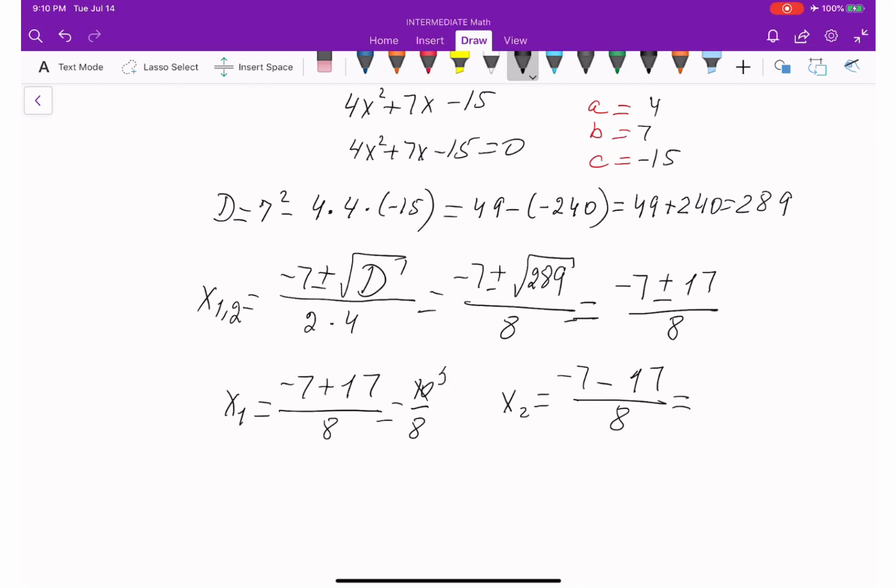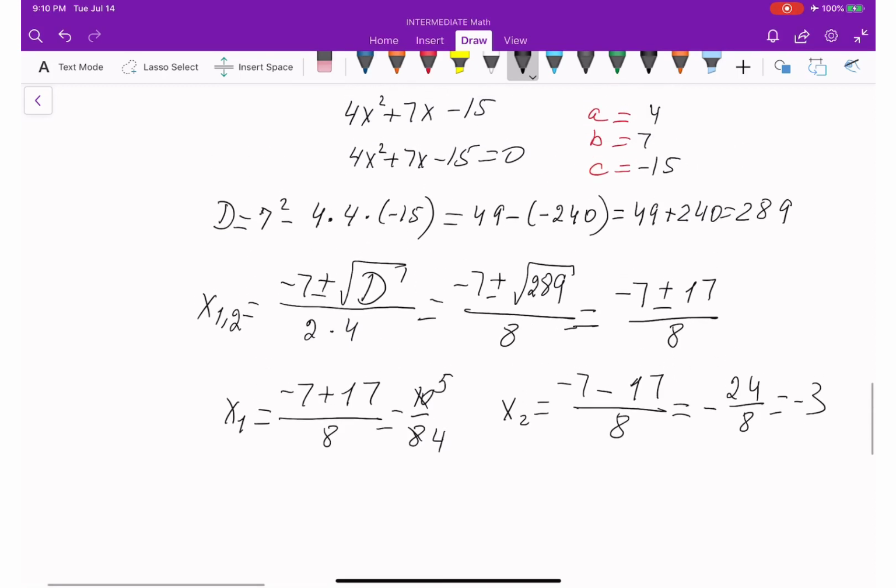Reduced by 2, it will be 5 over 4. And this one, it's going to be negative 21, negative 17, it's going to be negative 24 over 8, that is equal negative 3.